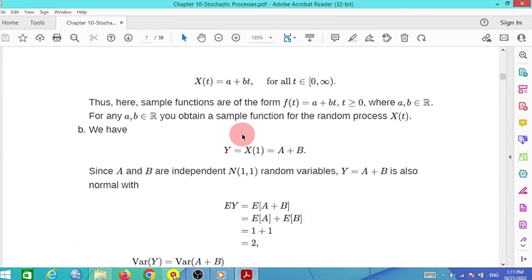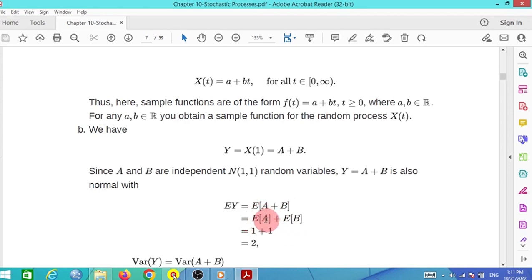So we have Y equal to X(1), which means A plus B, since t is 1. A and B are independent normal, so the expected value of Y is the expected value of A plus B. Come back to the previous chapter and study the properties of expected value: the expected value of a sum equals the sum of expected values.